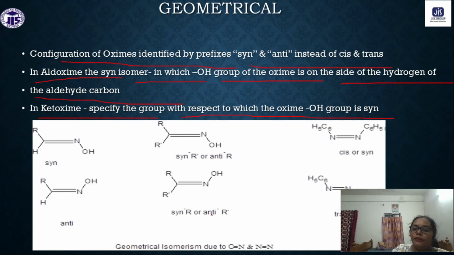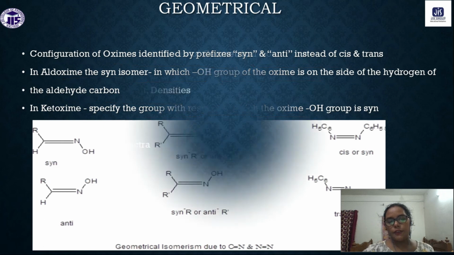So here for the oxime group we are not using cis or trans, rather we are using the syn and anti configurations. Okay, so here the configuration is syn, and here the configuration is anti. Okay, you can see here, look, right. So these are some of the examples of geometrical isomerism.